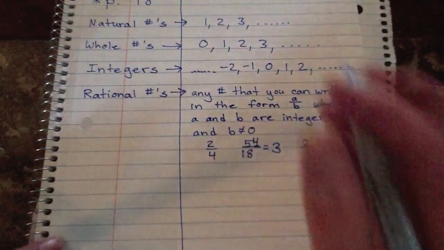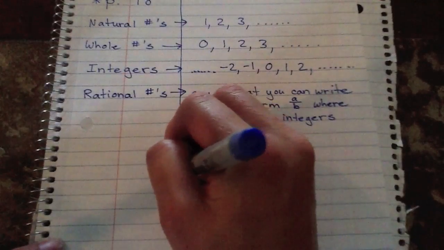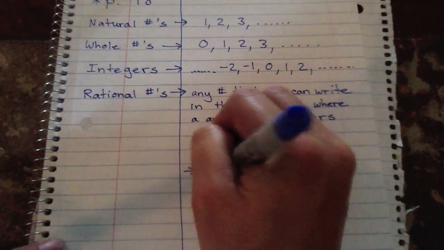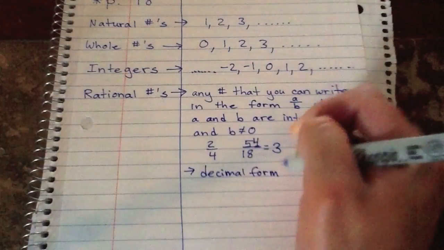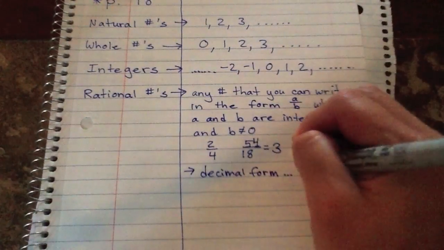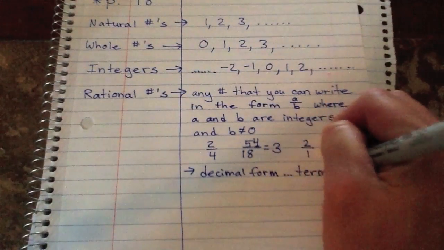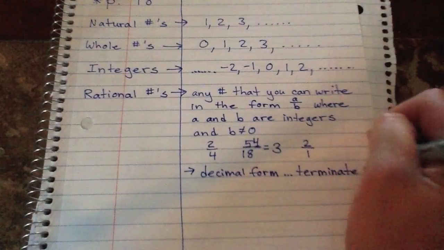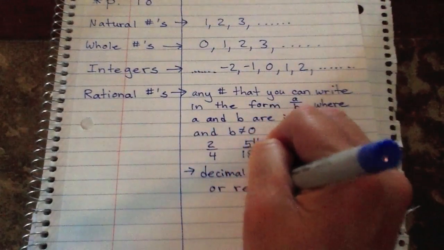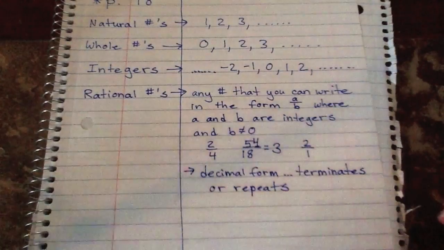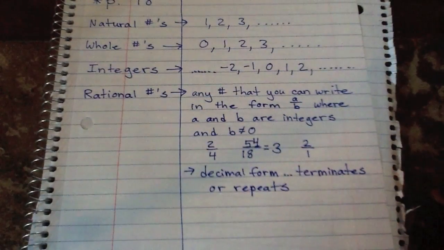When you have rational numbers in decimal form, it's going to be a decimal that either terminates, which means ends, or repeats. So you're going to end up with an ending or a repeating decimal.